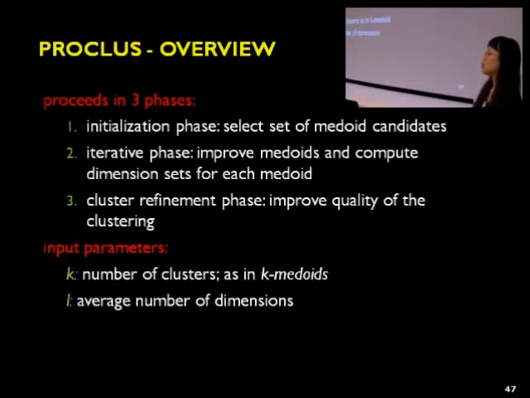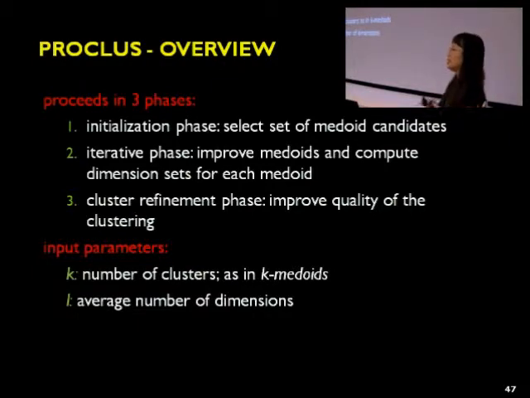That is, you try to compute the subspace that describes each medoid. Finally, you refine your result by improving the quality of the clustering, recompute the subspace that defines the final medoids, as well as reassign the objects to the final clusters.